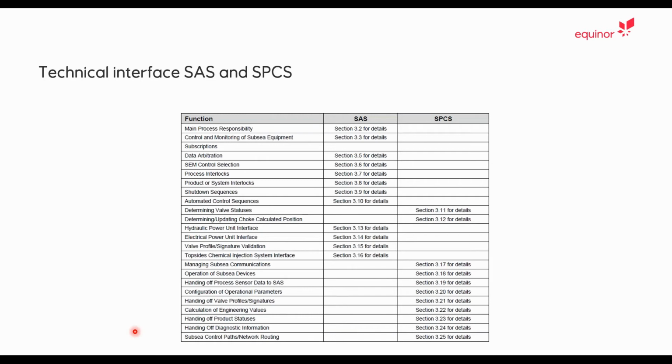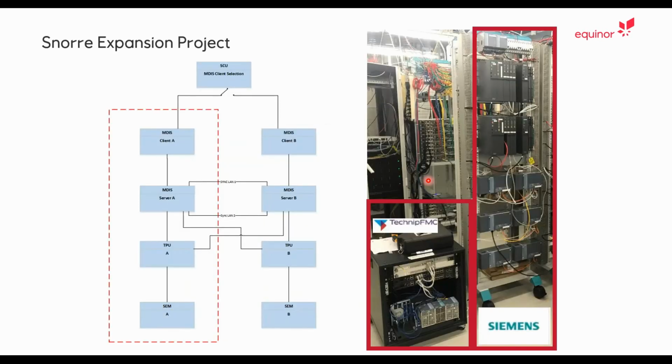Just very briefly, I don't want to go into all the details, but that is part of our TR 3037. It clearly highlights the function, and then shows the scope for the SAS supplier and the scope for the SPCS supplier.